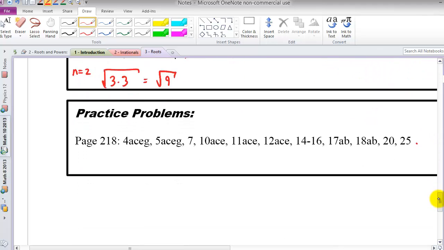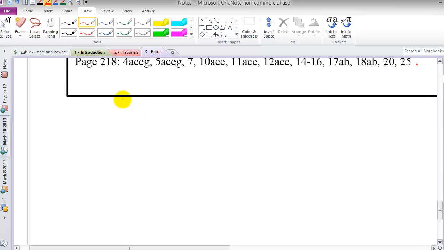Maybe I'll try one other one. I'll just make one up on the spot here. 2 cube root of 7. So n is equal to 3, so I'm looking for something that's the cube root of 2 times 2 times 2. So that's the cube root of 8.